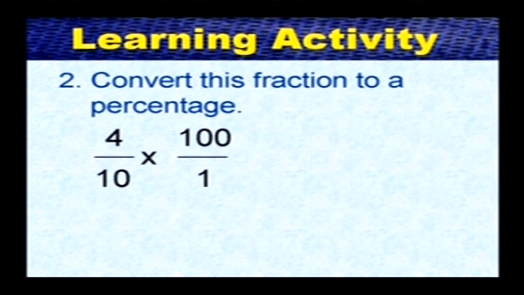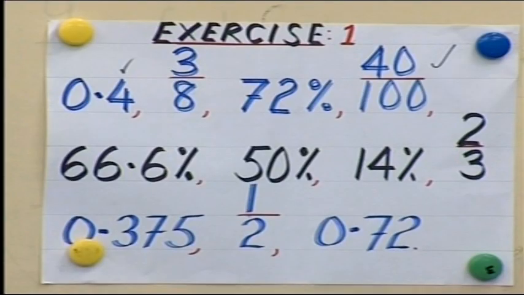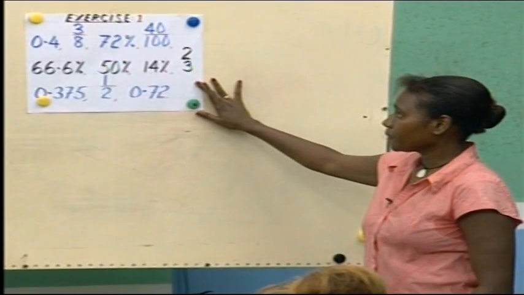So the answer is also given already, which is 40%. So 40% to be written as a fraction, it is 40 over 100. Okay, you have exercise 1. We will only start on this exercise for now, and then you will complete that as your homework.